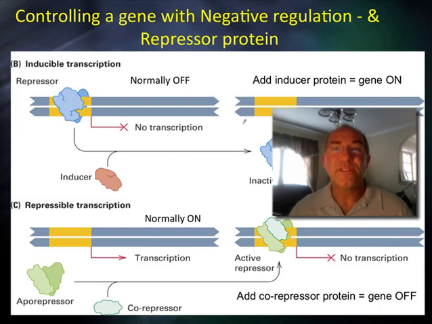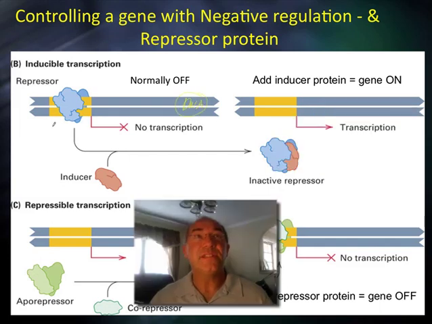So here is a cartoon showing negative regulation with a repressor protein. What we have here are two strands of DNA, so this is the double-stranded DNA right here. And this yellow region here is the promoter with the -10 TATA box in there.